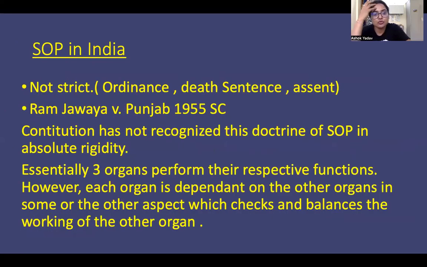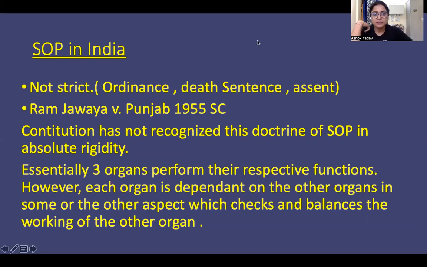Right. So as I was telling you before, in India, there is some overlapping between executive, legislative, and judiciary. How? See, ordinance making power. Whenever the parliament is not in session, generally what happens? The ordinance is made by the president, right?